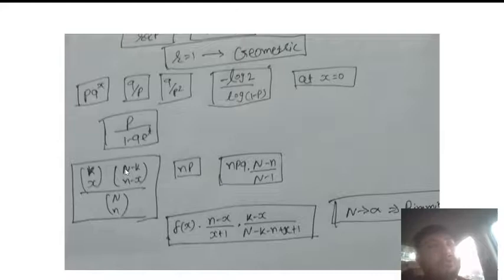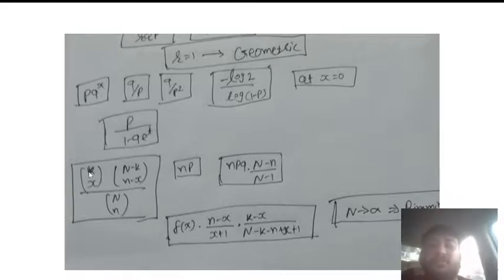Now K is the number of successes, and x is the number of successes in the sample that we have taken. So now see, what is this? KCx is sample success out of total success.